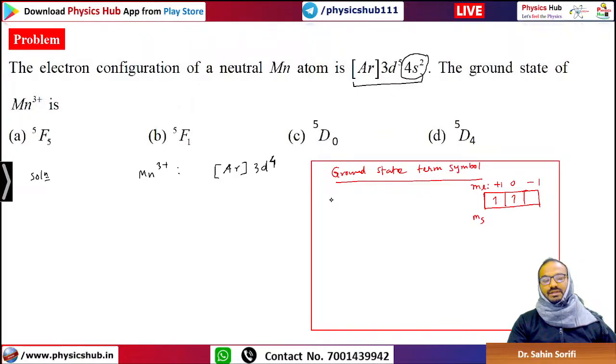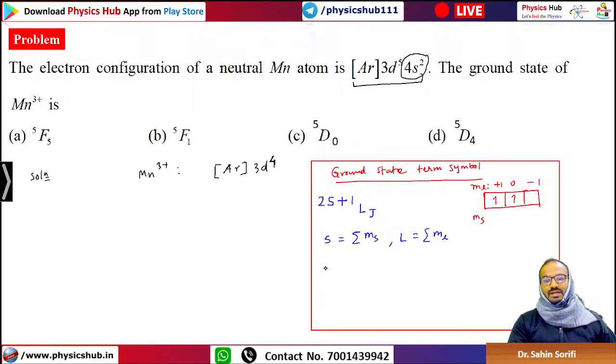So what are you going to do to calculate the ground state? We first need the value of S to write 2S+1, since we need 2S+1 L J. S you can calculate from the sum of ms. So here you can see 2 up, so half plus half is 1. The L value we can calculate by taking the sum over ml.